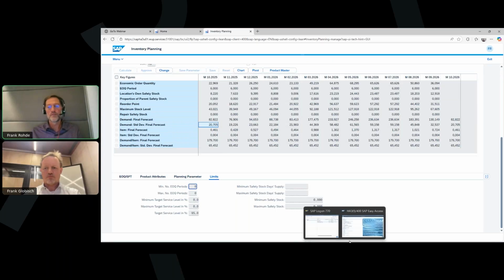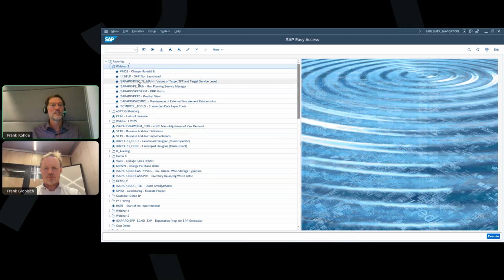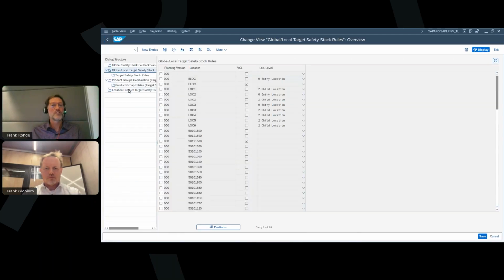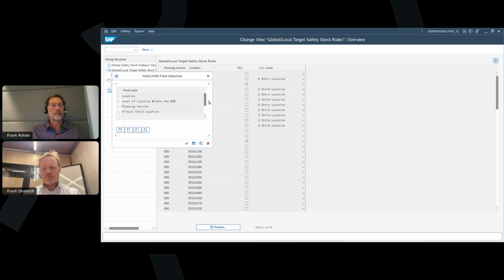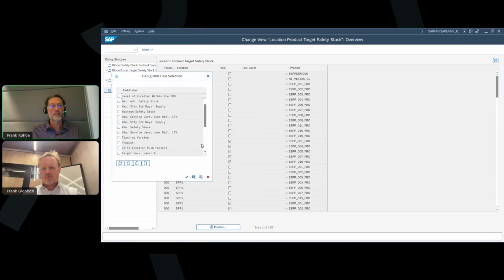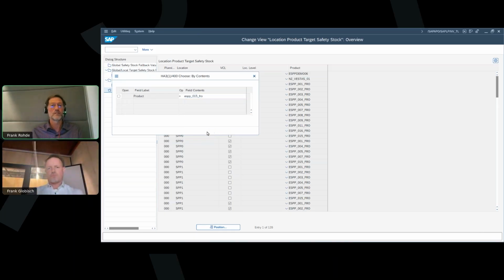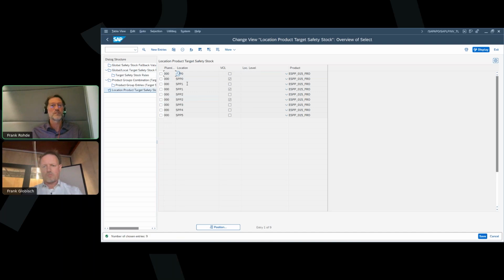There is no Fiori app for it, because the planner normally is not doing the changes in here, and I'm just pulling out our product, because we have, of course, target service levels for multiple products in our system, and I only want to choose our product, which we see here, and we see all the locations.